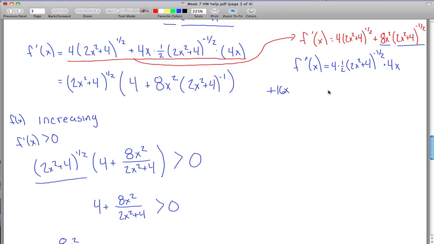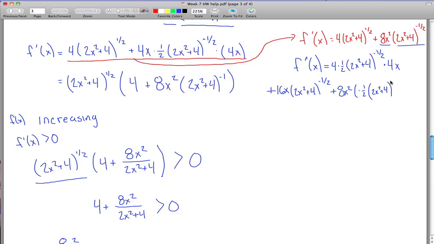The derivative of 8x squared is 16x. Multiply that by 2x squared plus 4 to the negative 1/2. And to that we want to add, leave the 8x squared alone, and multiply that by the derivative of this guy, which is negative 1/2 times 2x squared plus 4.